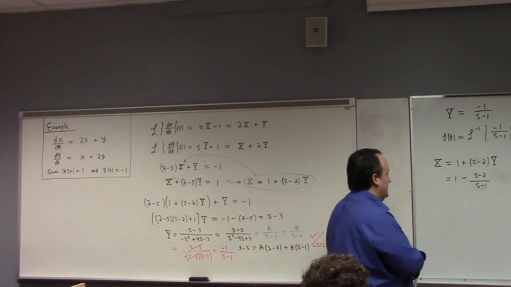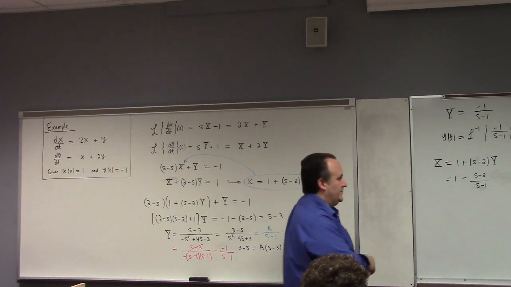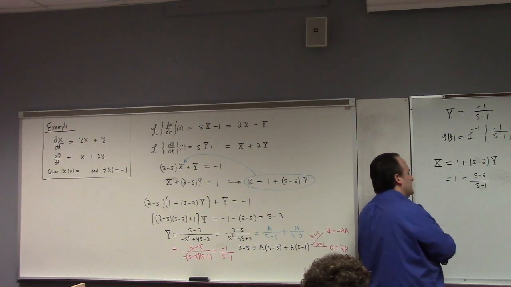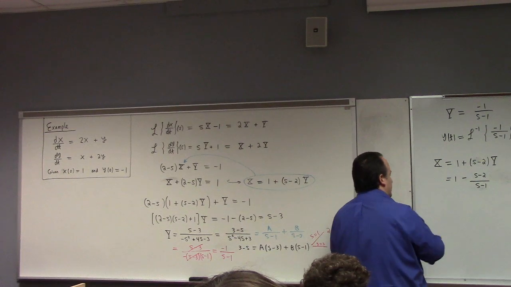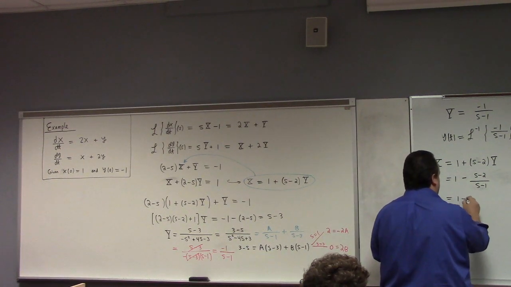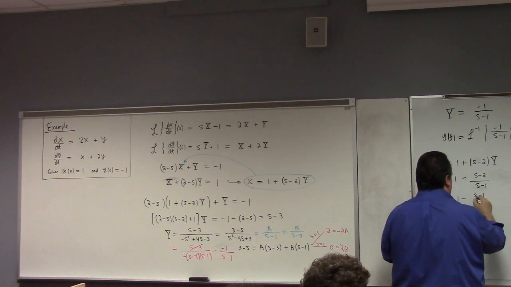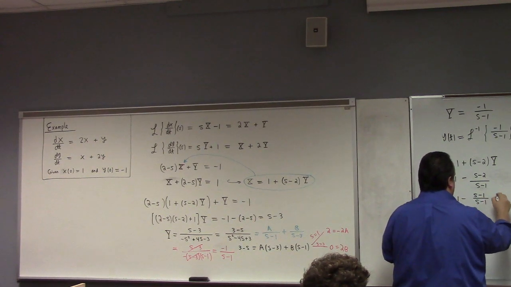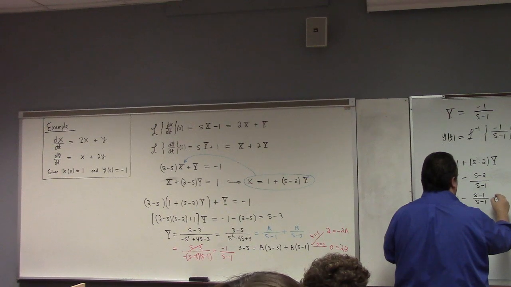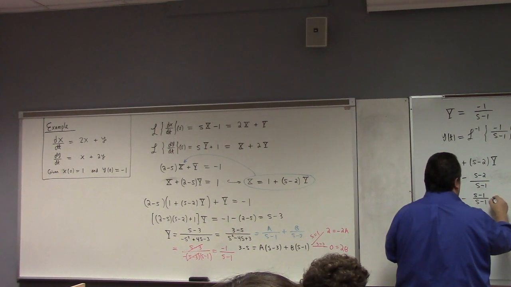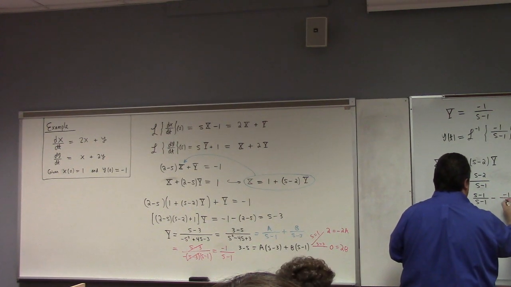All right, so that's great, but we can do better. We need to make a common denominator here. Or do we? No, we don't. What we need to do is some algebra. This is 1 minus, that's s minus 1 over s minus 1, minus 1 over s minus 1.